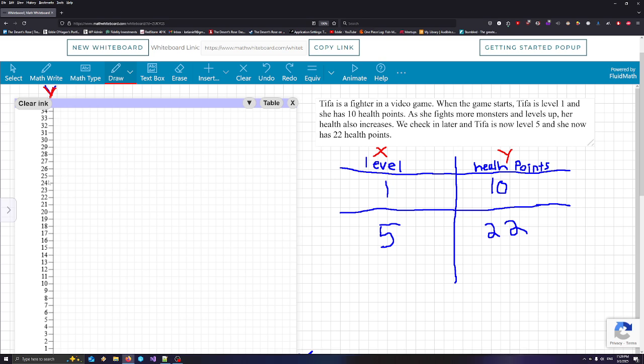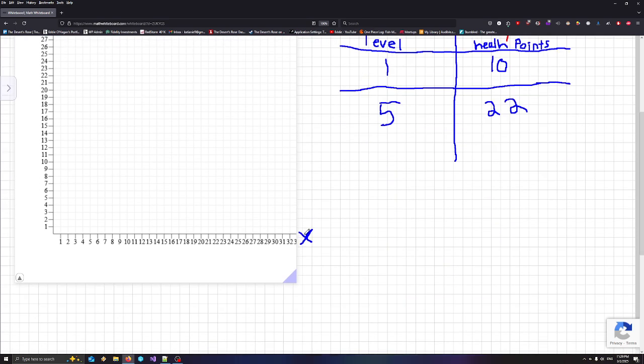This line, the vertical axis, the up and down axis, is our y, and our left and right, or horizontal, is our x axis.